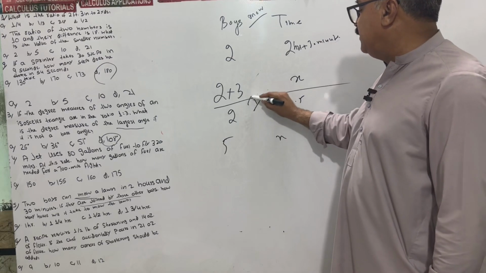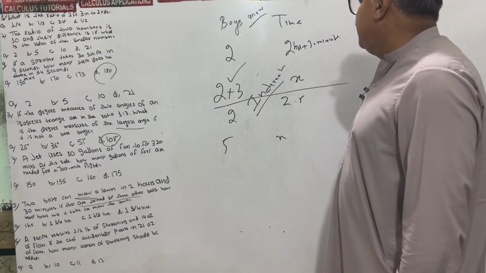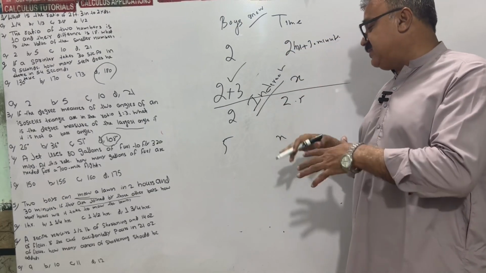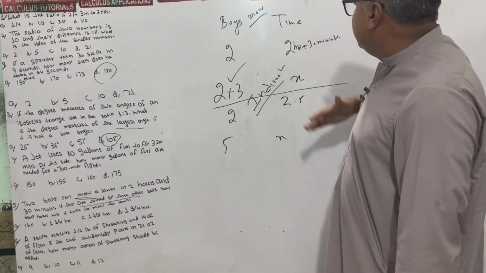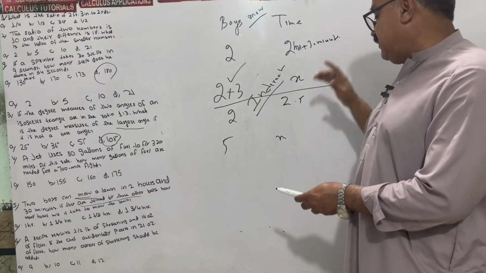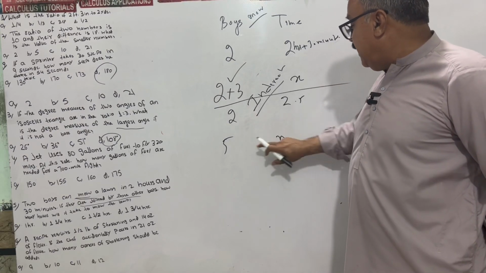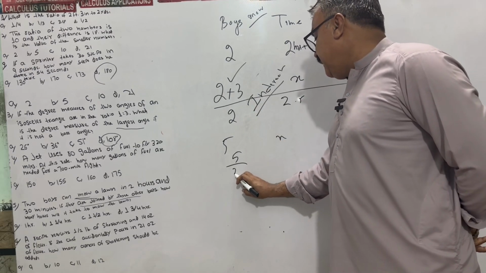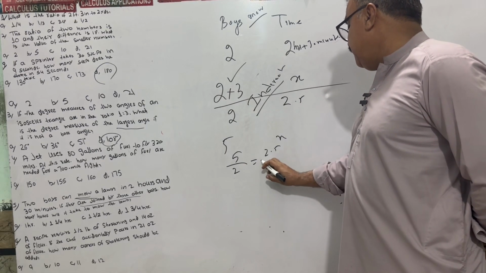It's an indirect ratio. The greater the number of laborers, the smaller the time. The time decreases. If the number of boys is small, then it is going to take much time. So I have to invert any one ratio, either 5 to 2 or 2.5 and x. Let me invert this one: 5 to 2 is equal to 2.5 divided by x.